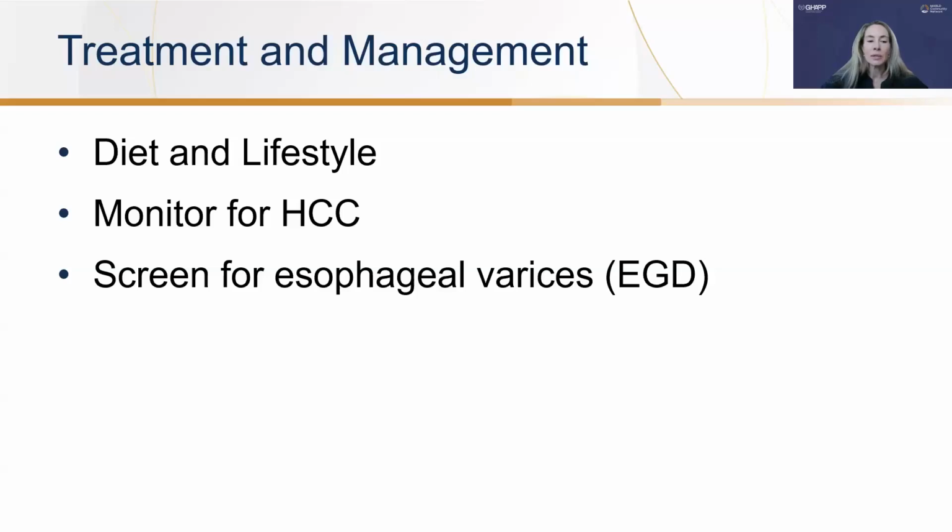In a patient with F4, you certainly want to monitor for hepatocellular carcinoma, at minimum ultrasound every 6 months. Again, paying attention to the impact of body habitus on the sensitivity of ultrasound. Consider whether or not you want to be getting cross-sectional imaging with triple phase CT or MRI.